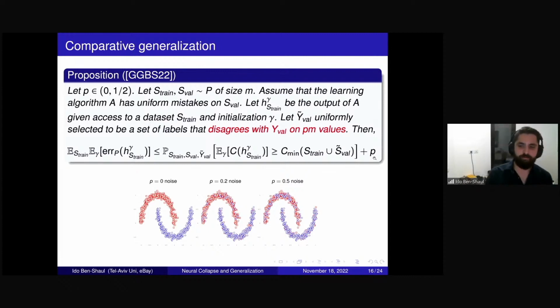On the other hand, if P is close to 0, so very small, this term is going to be small, but this validation set is going to be very close in distribution to the training set, and therefore the complexity of this classifier is going to be bigger than the minimal complexity needed to fit this data set, and therefore this probability is going to be large. So we get this interplay between the ratio and this comparative term.